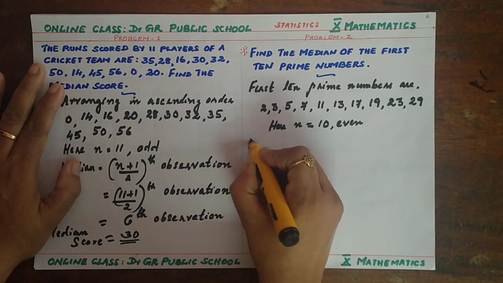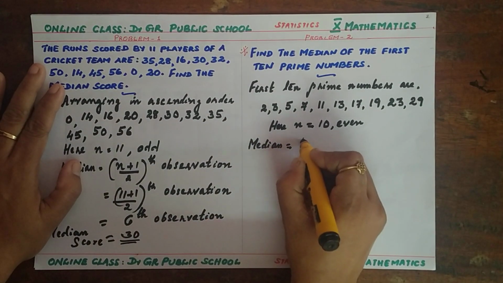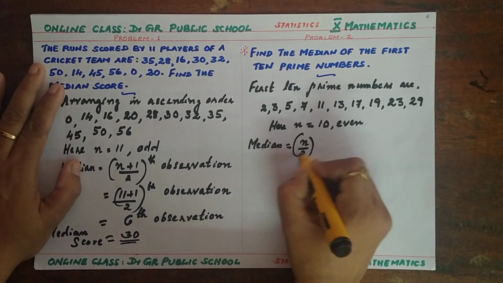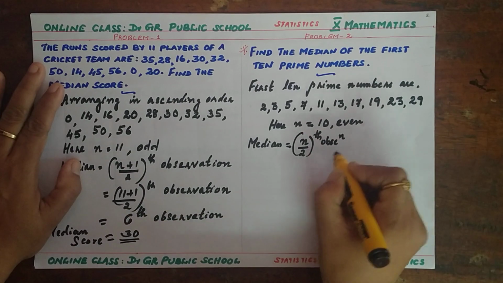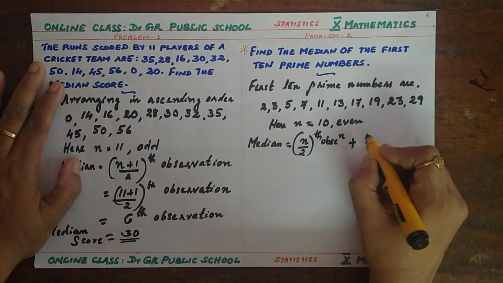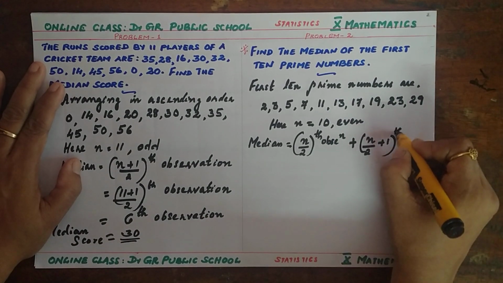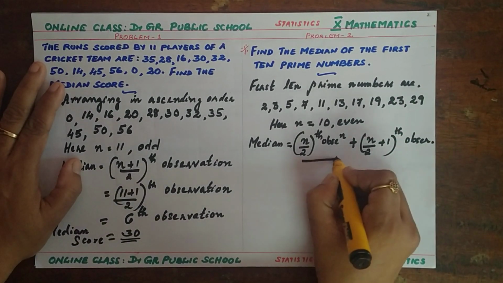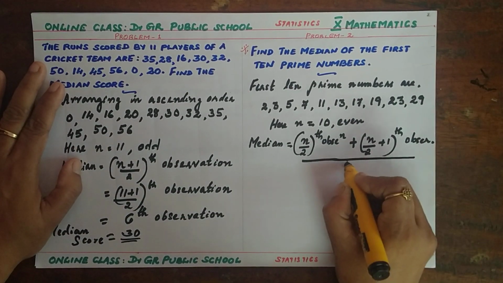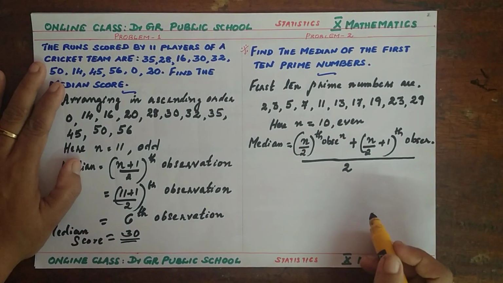The formula to find the median is: median equals n by 2th observation plus n by 2 plus first observation, the whole divided by 2. This is the formula to find the median when the number of observations n is even.